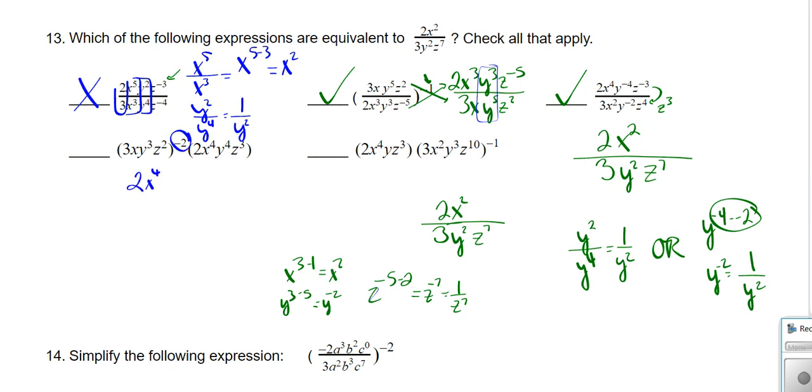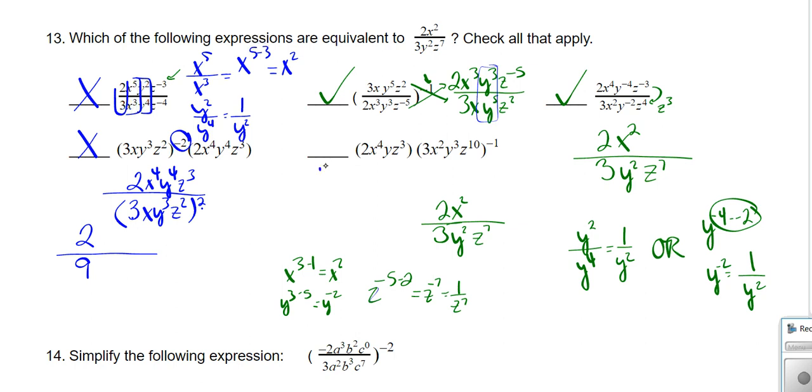I can put that in the denominator, and the exponent is just positive. So all that's in the denominator now. Look at the numbers first. 3 is being squared. So I got the 2 in the numerator that I need, but when I square 3, I get 9. 2/9 is not 2/3, so nope.